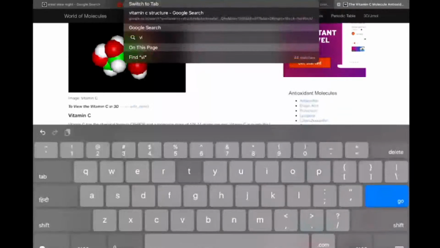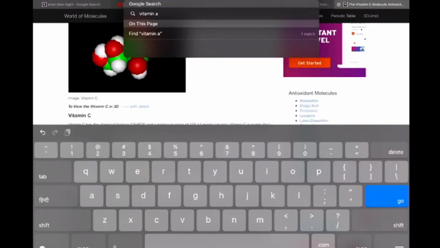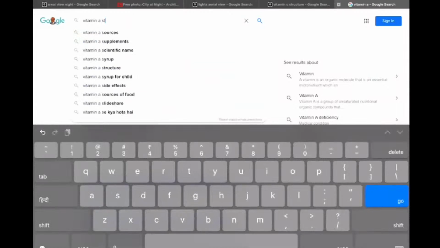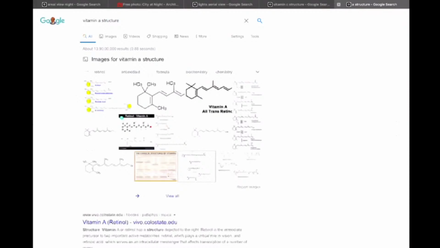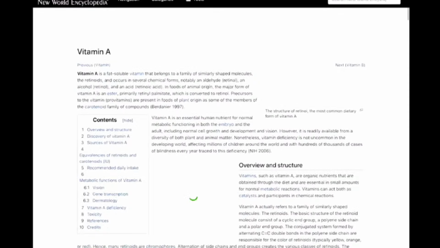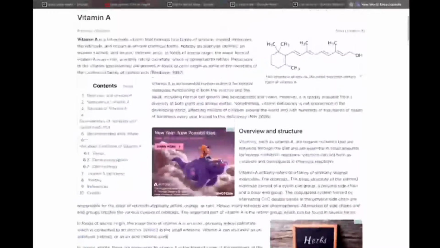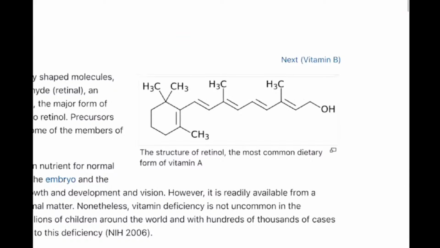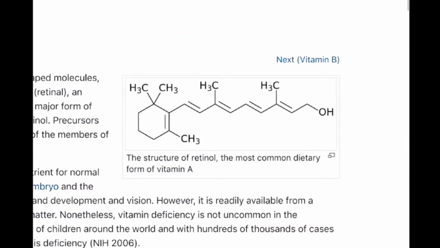Now if I search for vitamin A, this is the structure of vitamin A. Now notice the structure, there is one OH group.